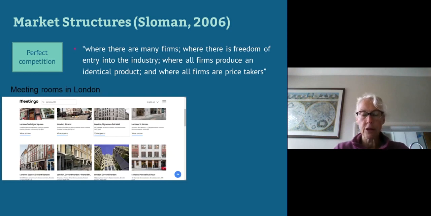So a good example from the event sector there would be meeting rooms in London. And in fact, there are companies now set up that enable you to book and choose these rather than going direct to the meeting rooms themselves. And lots of different organisations who've got spare capacity in their office offer meeting rooms in London because it's an easy place to meet. But basically, these are price takers.